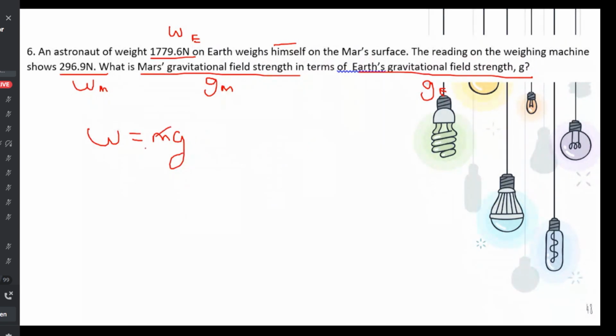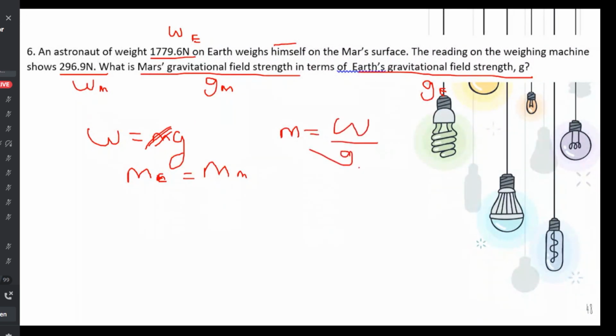Because my mass is constant, can I say that the mass on Earth equals the mass on Mars? So m equals W over g, you just move it around.